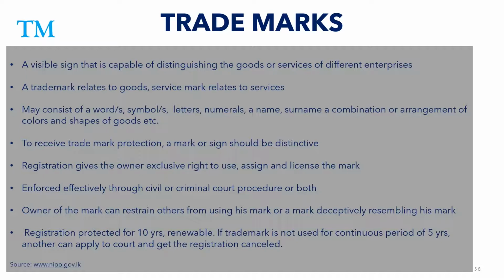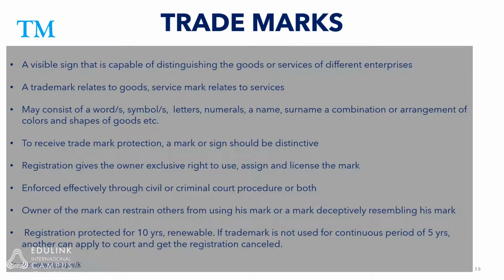So when you are registering for a trademark, you can register for any of these classes, right? If you are registering, for example, a brand like Kotmale, you can register for consumable edible products of milk, cheese, yogurt, and similar products. When you say similar products, it means that range.